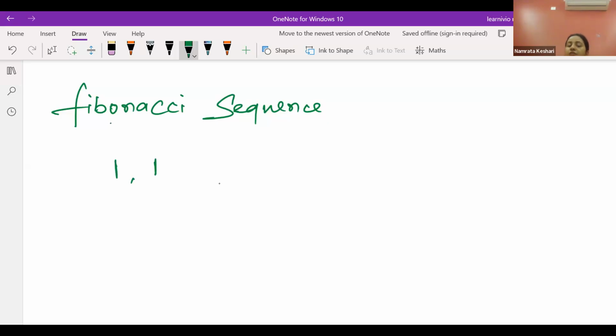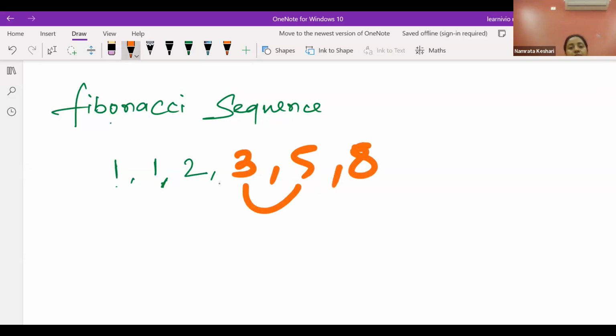Then the next term you can calculate by adding these two, 1 plus 1, 2. The next term, 1 plus 2, 3. Then the next term, 2 plus 3, 5. Then the next, 3 plus 5, 8.